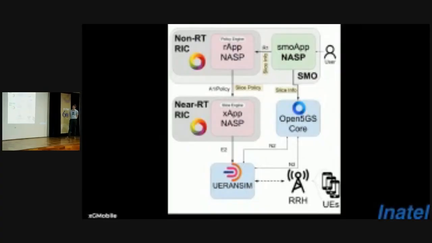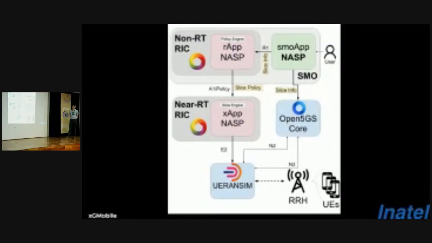This converts the slice information into a slice policy that needs to be translated again into information that can be transferred through the A1 interface to the RAN. In this case, we will run RAN sim, but we are working hard to implement this in srsRAN.